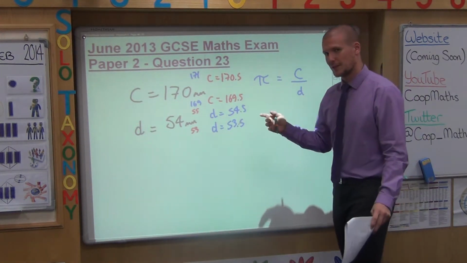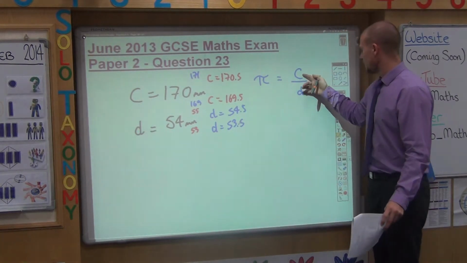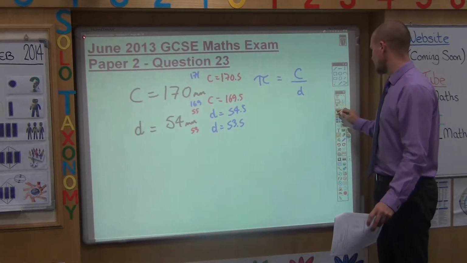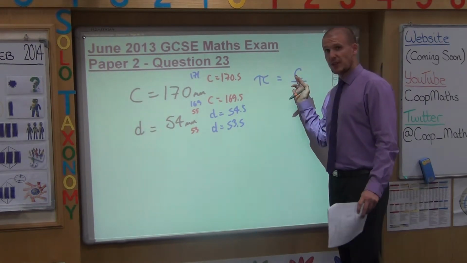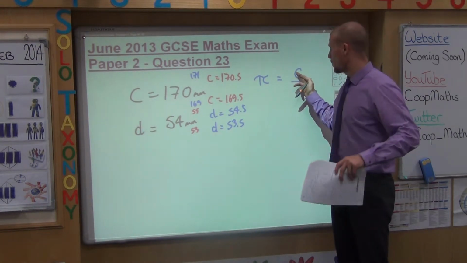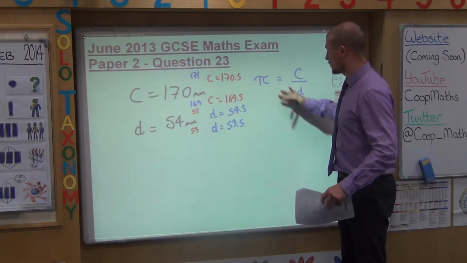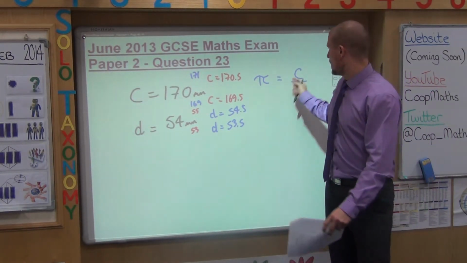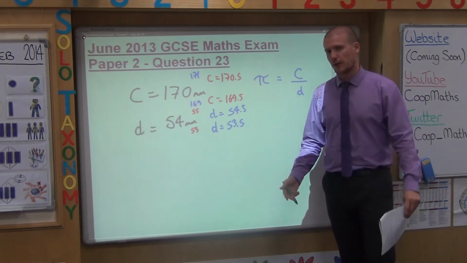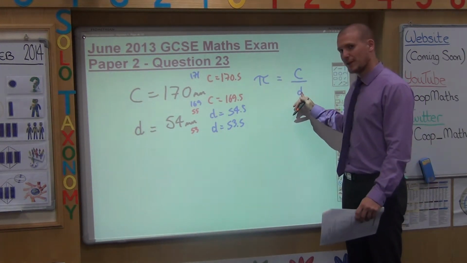Now, here's where it gets a little bit tricky. Because this formula is constructed with a fraction in it, the bigger C is, in terms of the upper bound for C, will contribute to the upper bound for the whole thing, because the bigger C is, the bigger the whole thing is. The smaller C is, the smaller the whole thing is. Whereas the bounds for D are different.